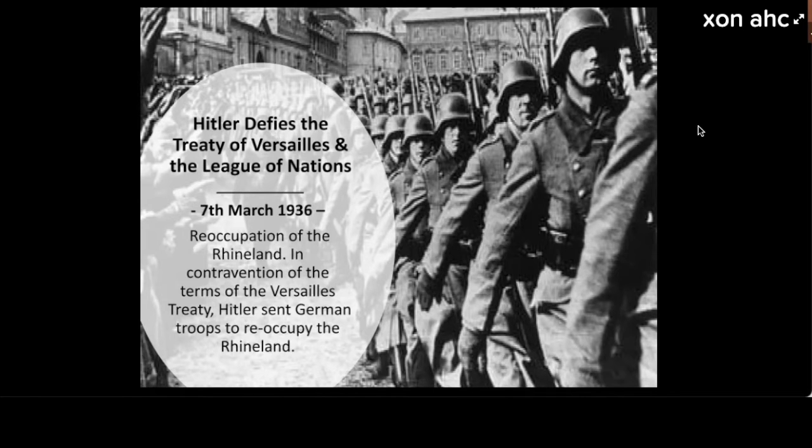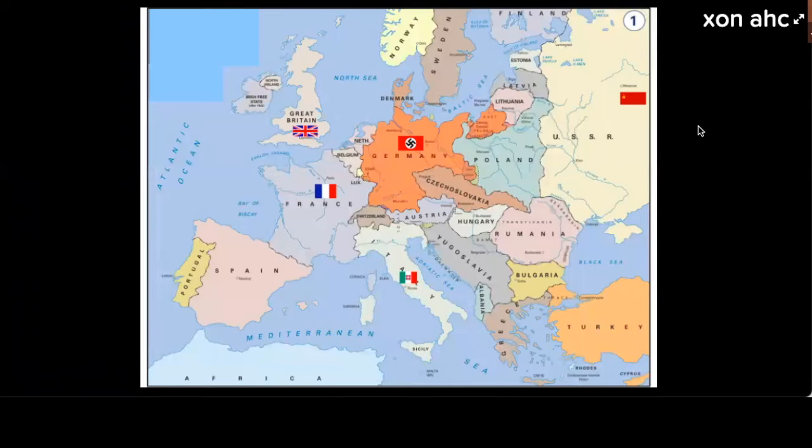Okay, so he is going to go even further in the breaking of this treaty. So on your map, go ahead and color in with a different color the rest of Germany. The rest of Germany. And what is that territory that you're coloring in called?